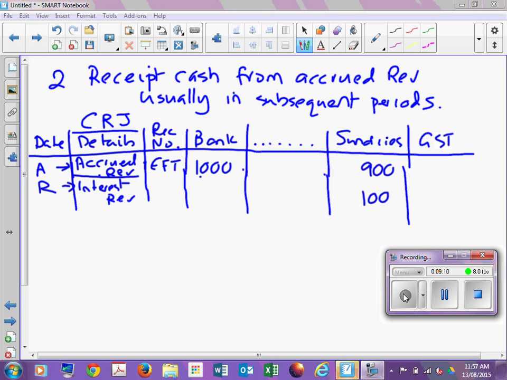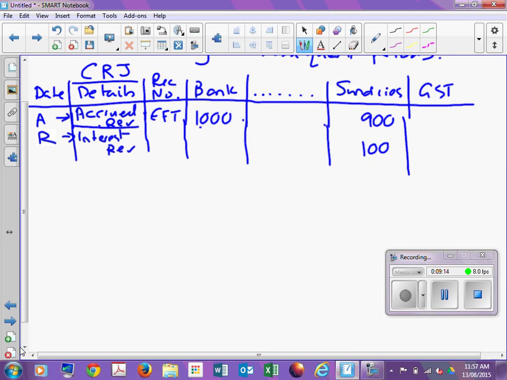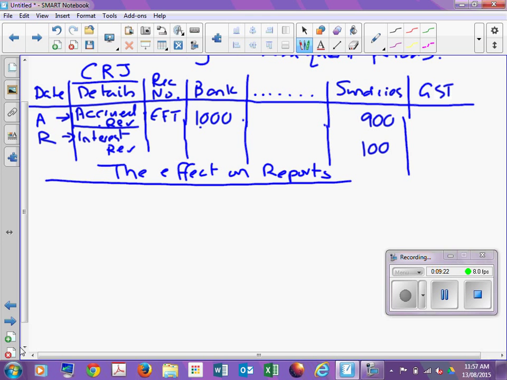So, if we've received cash, let's look at the effect on the accounting reports. Now, in this example, I'm going to show with numbers the effect with both of them in there, just in case it has both in there. So be aware that it's including both numbers dealing with it.